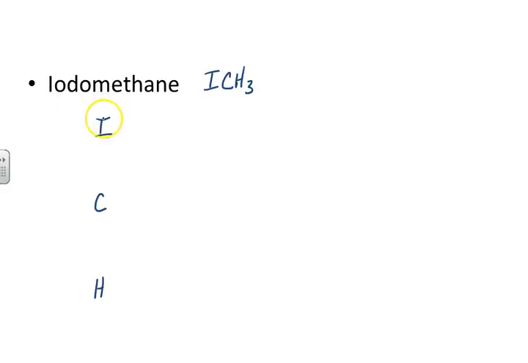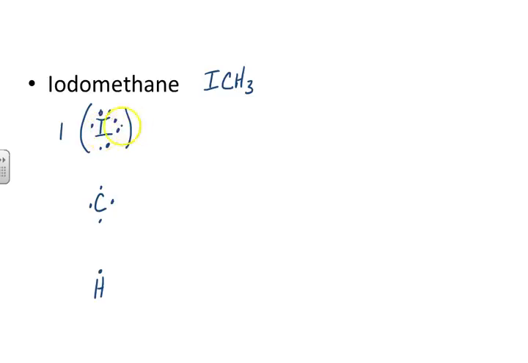Iodine is in group 17, so it has 7 dots. Carbon is in group 14, so it has 4 dots. Hydrogen is in group 1, 1 dot. Alright, we have 1 iodine.